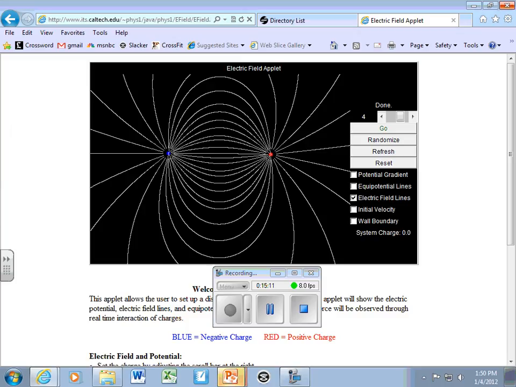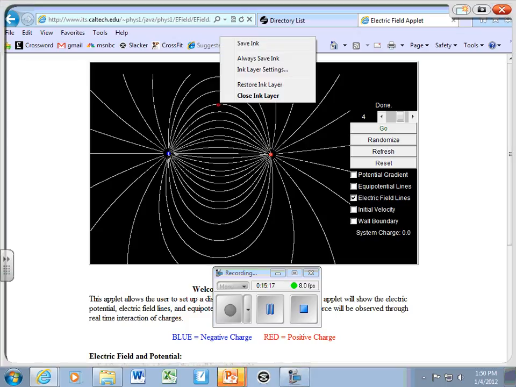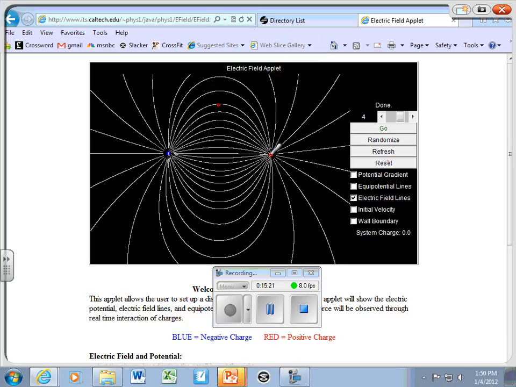Again, we have to be sure about the fact that, say, right here, there's a negative charge, so the field due to that one points this way. Here's a positive charge.